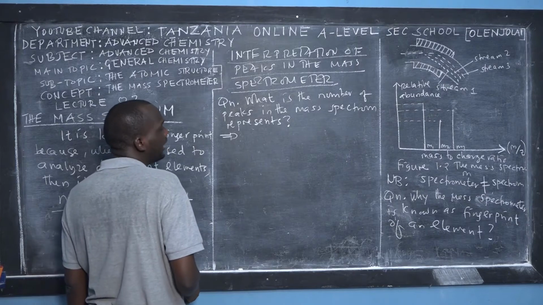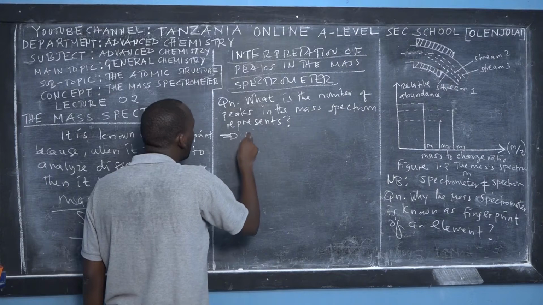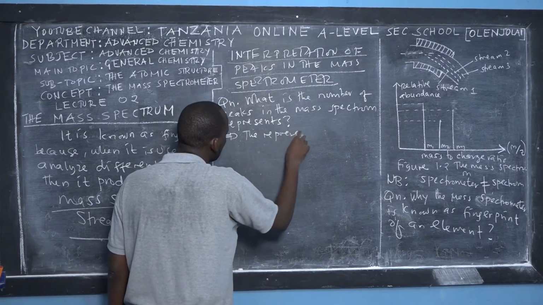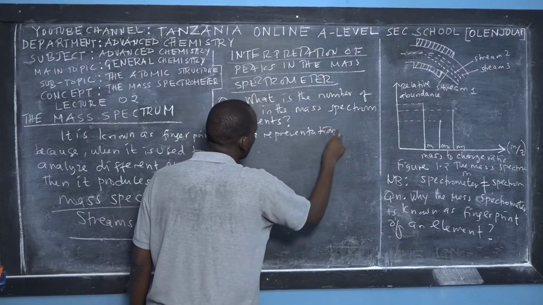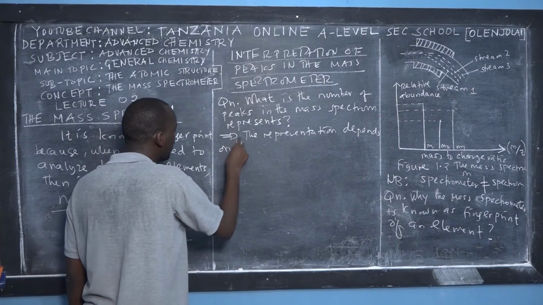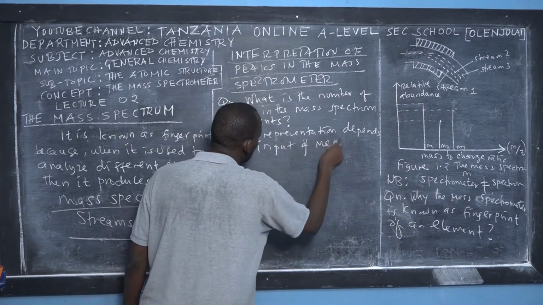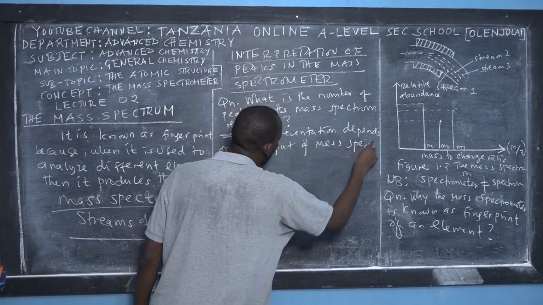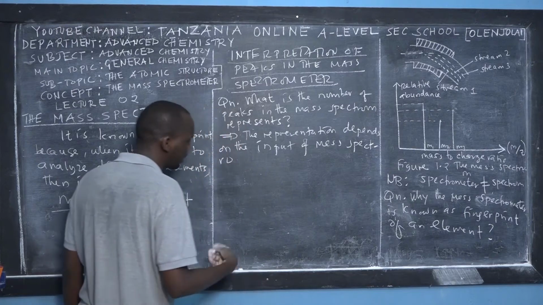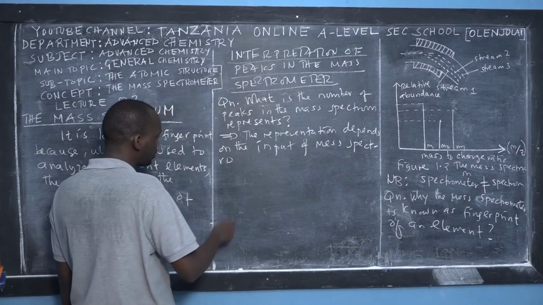We say that what the mass spectrum represents depends on the input of the mass spectrometer. In case you find that I'm going too fast, you can pause the video, write, and then continue. Okay? Input of the mass spectrometer.